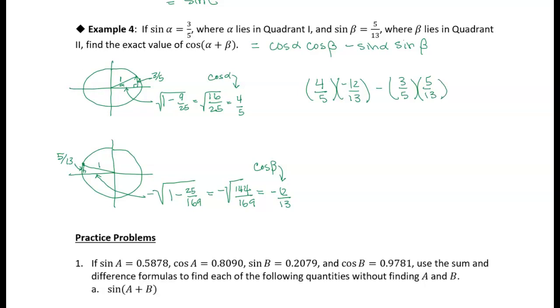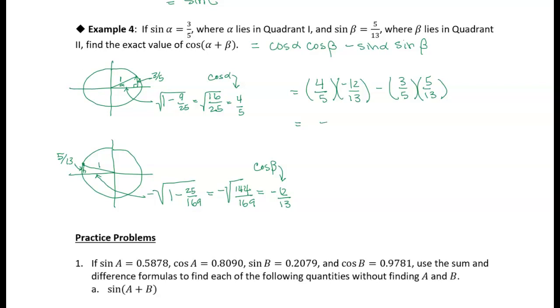Okay. All right, now when I do this, I'm not going to do any cross canceling here because I could cancel 5 with 5, but I want the same denominator, and if I take 5 times 13, I'll get the same denominator. So let's just do the arithmetic now.